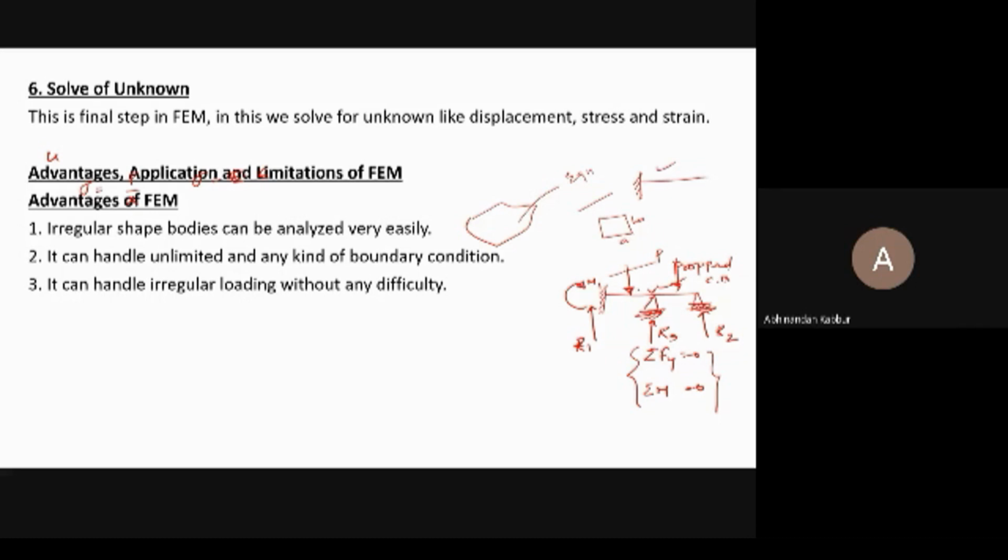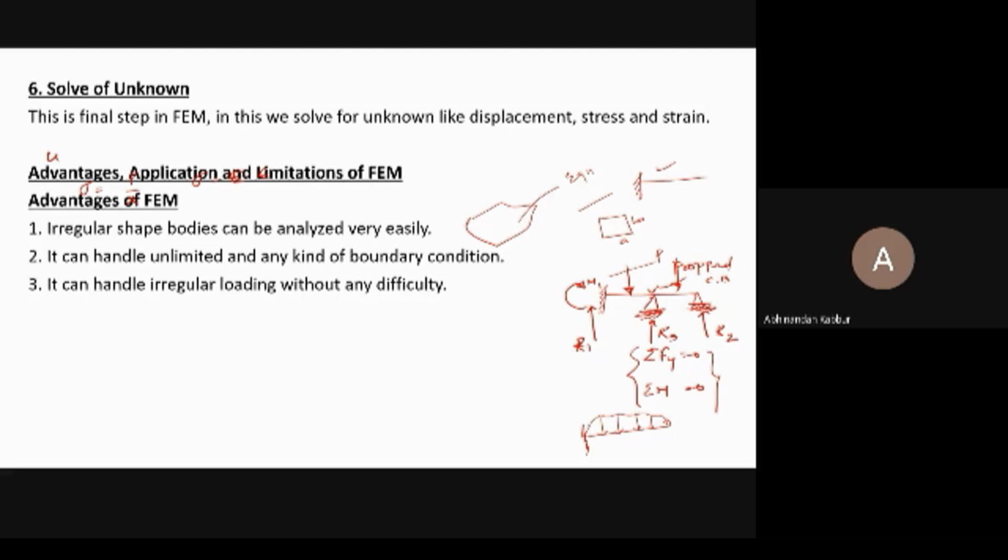See, we have loading like point load, UDL and UVL. Sometimes a beam or body is applied with a load of any irregular shape, which is not possible in mechanics of material, because in mechanics of material I know only point load, UDL and UVL. At the max, I know the couple, but this irregular shape force, I don't know.